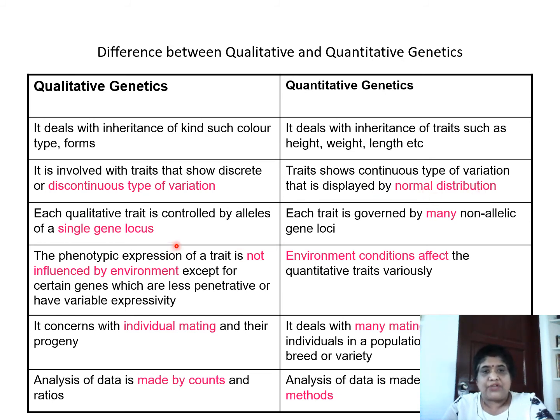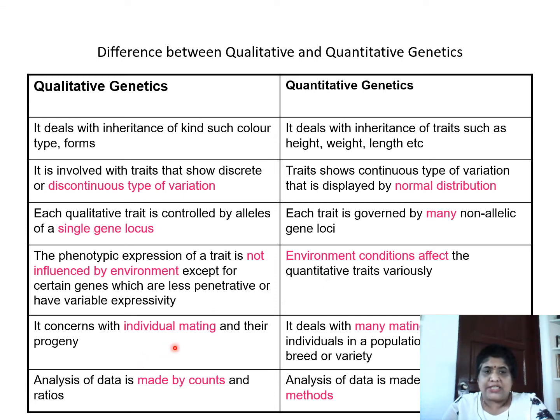Each qualitative trait is controlled by alleles of a single gene locus, while each quantitative trait is governed by many allelic gene loci. The phenotypic expression of a qualitative trait is not influenced by environment, but in quantitative genetics, environmental conditions affect the traits variously.